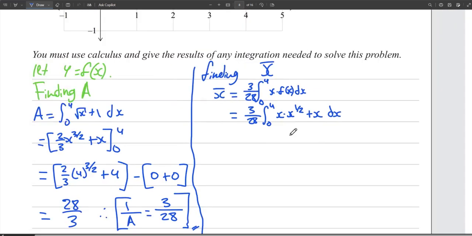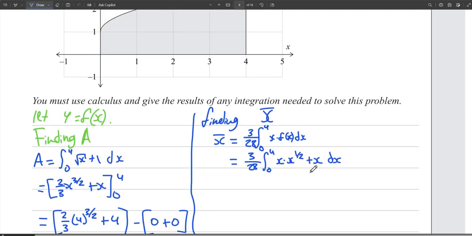After doing the expansion, you get x root x plus x. And so using the algebra rules, we can just add the powers. So we get 3 on 28 times the integral from 0 to 4 of x to the power of 3 on 2, because this is x to the 1 plus a half is 3 on 2, plus x.